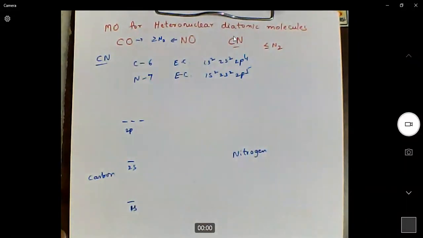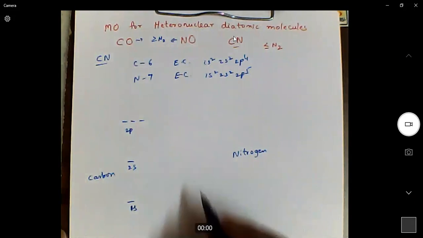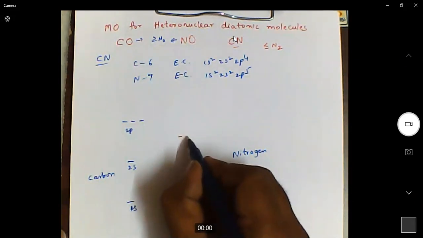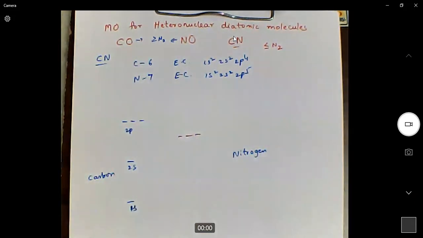Now the difference between carbon and nitrogen is nitrogen is more electronegative than carbon. In the previous cases, we were discussing homonuclear molecules, where the two atoms are the same, so their orbital energies will be exactly the same.